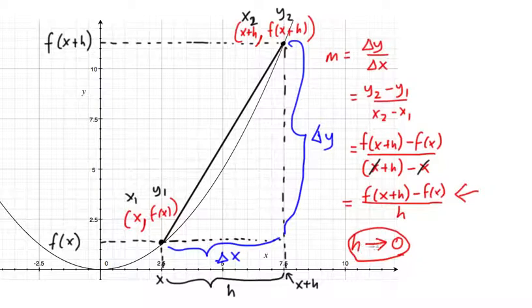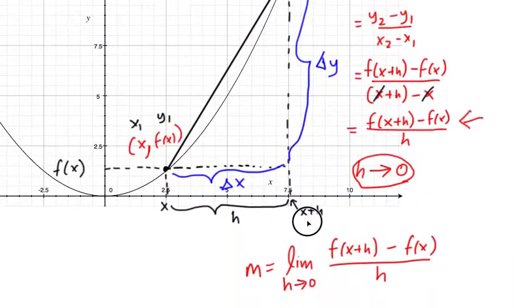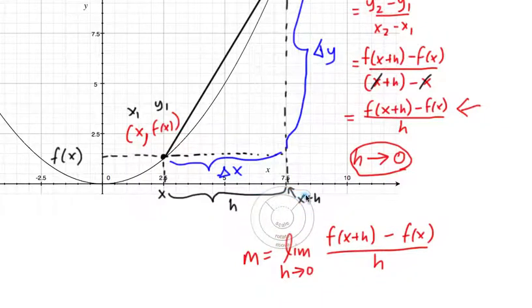In other words, where h goes to 0, we get a slope, which is what we desire. And where h goes to 0 is equivalent to the concept of the limit. So the equation of the slope is merely the limit where h goes to 0 of f of x plus h minus f of x over h.